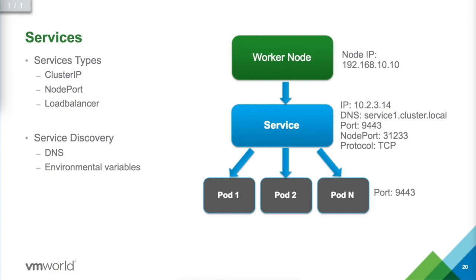When you create a Kubernetes service object, an A record is automatically created in the DNS server. On this slide, the service named service1 has been created and has an entry created in the DNS server with DNS name equal to service1.cluster.local, and the IP address is 10.2.3.14.